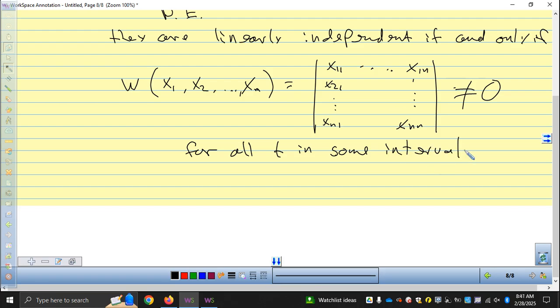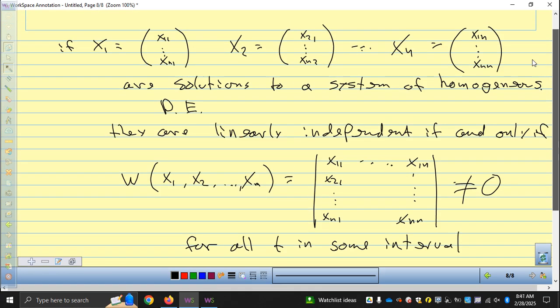So we have the same criteria with the Wronskian. Now notice there are no derivatives here. The Wronskian is just made up of the entries in our solution vectors. If the Wronskian is not 0, those solutions are linearly independent.